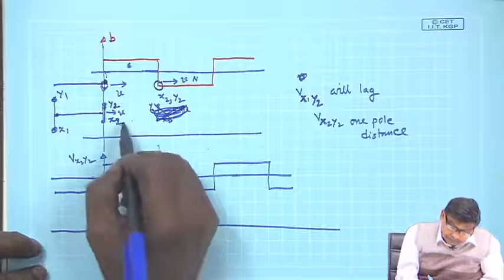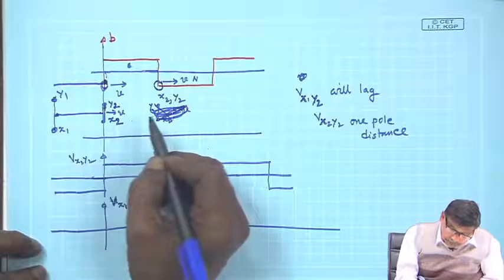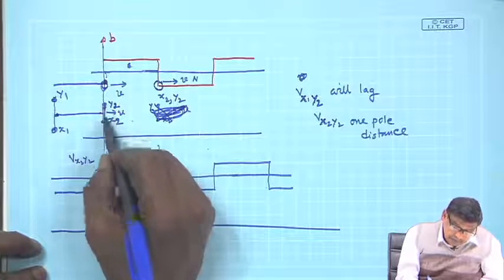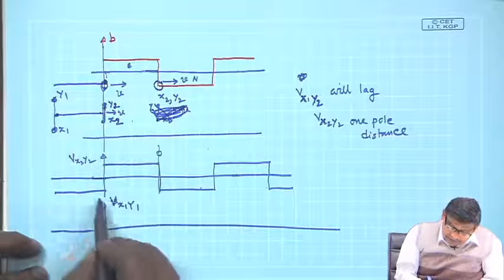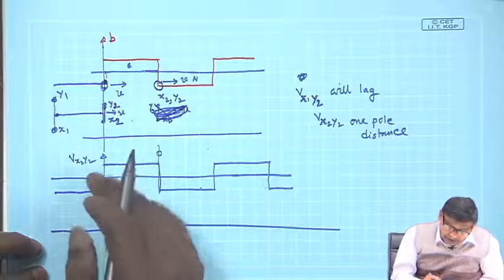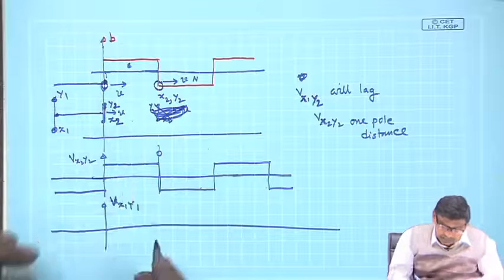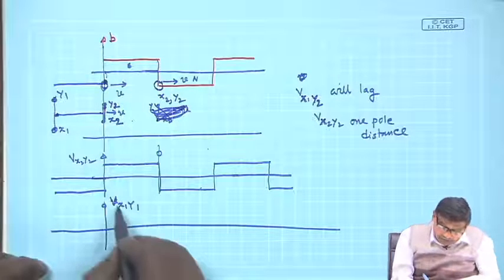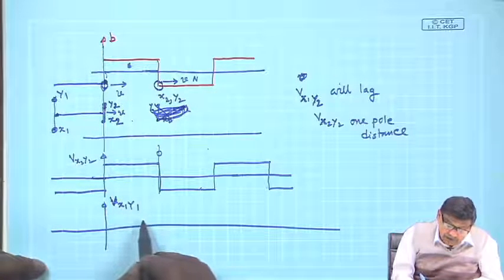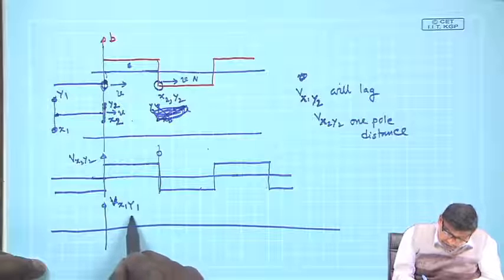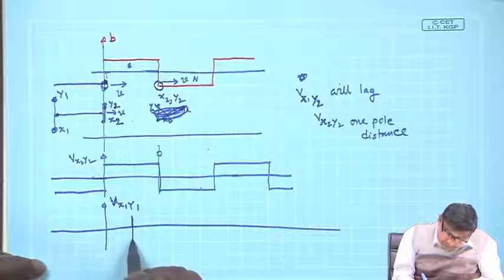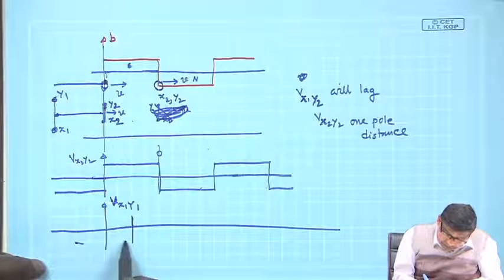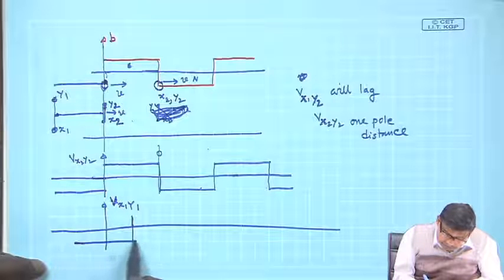So this is V x2 y2, and this is the voltage waveform if you are claiming for V x2 y2. The same voltage waveform for V x1 y1 will be shifted by one pole pitch, 1, 2, 3, 4.